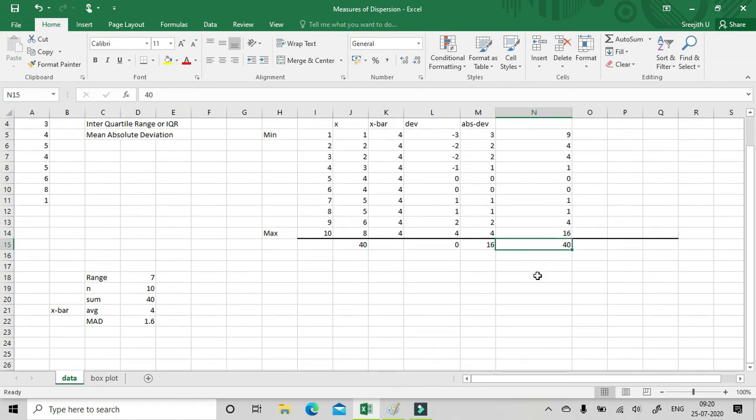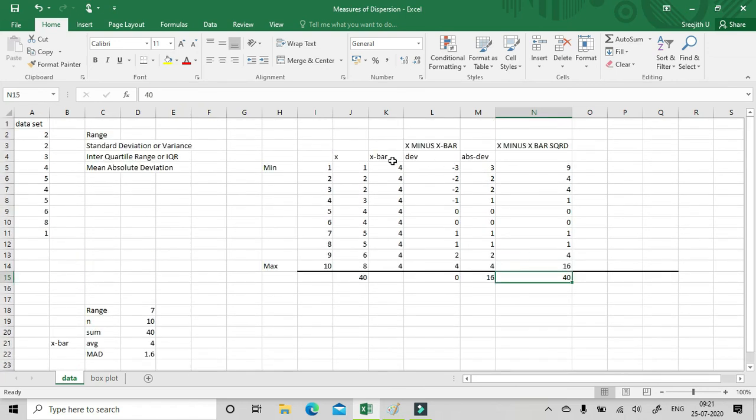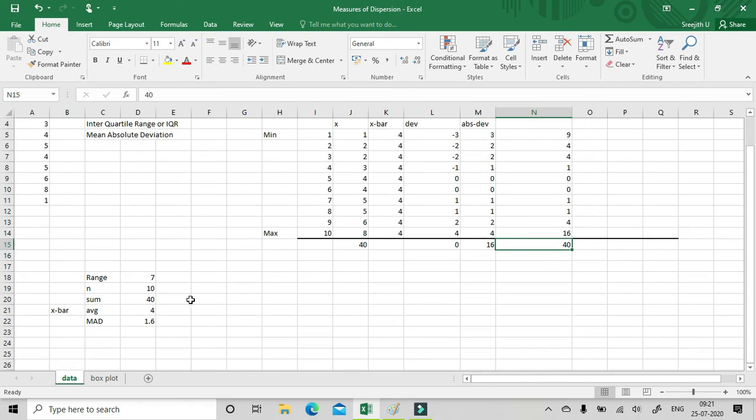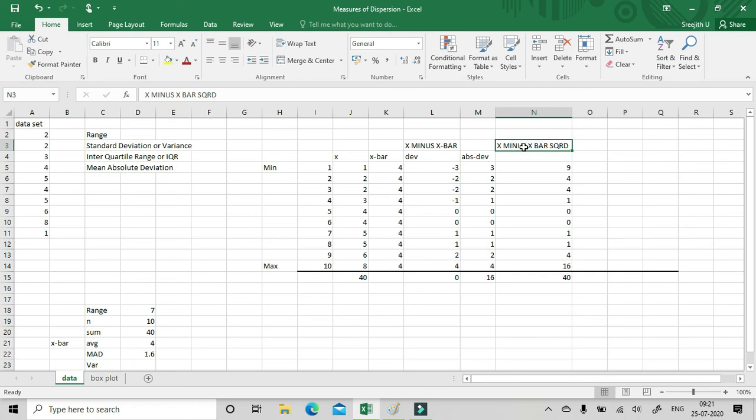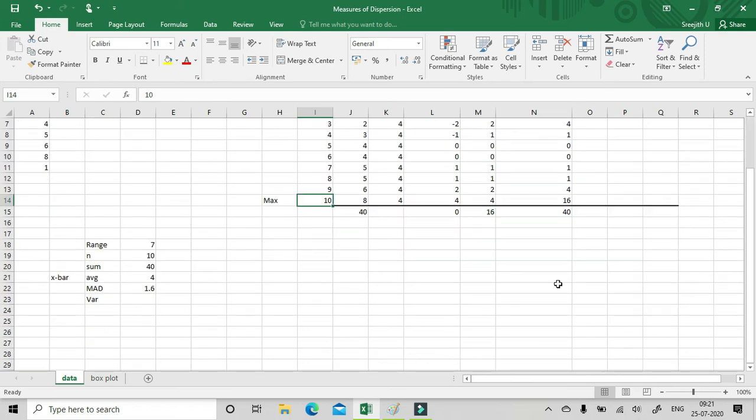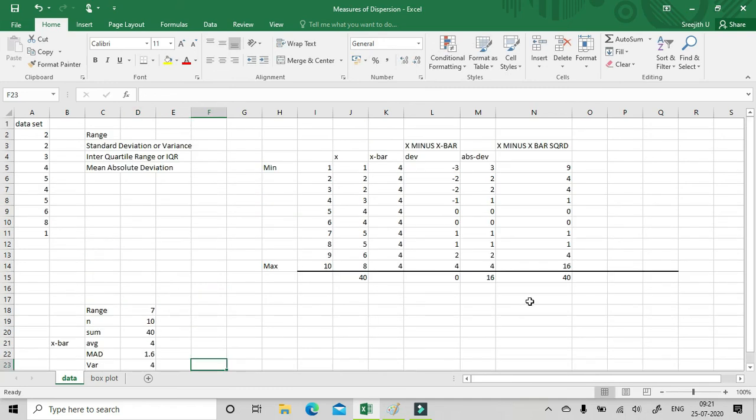Now, this divided by the number of observations is called the variance of the distribution. So the variance is the summation of x minus x bar the whole square, divided by the total number of observations. We have 10 observations here, so we divide 40 by 10 and get 4. So the variance of this particular distribution is 4.